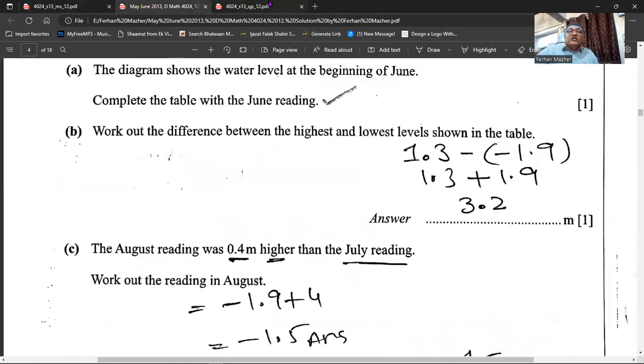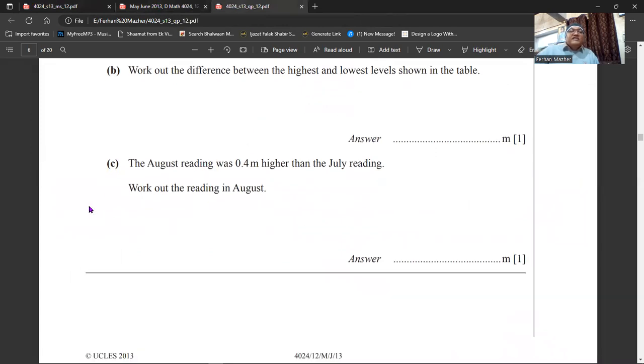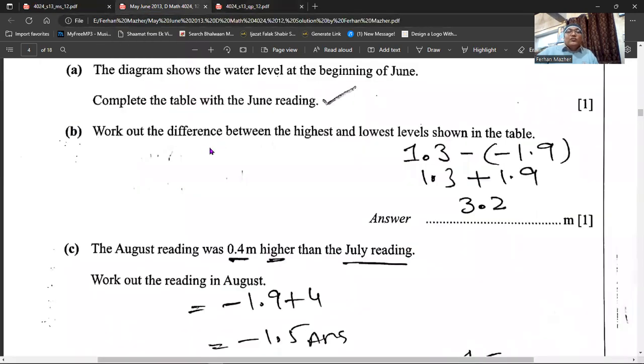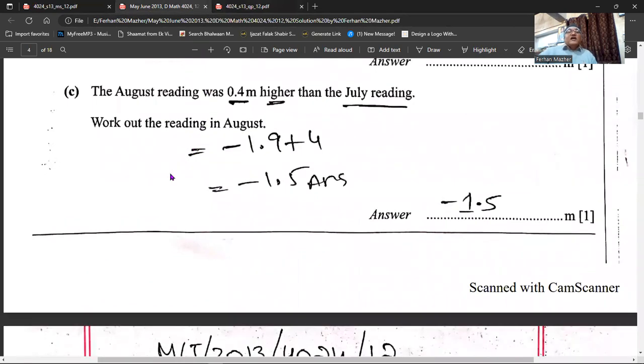And then in the C part, it says the August reading was 0.4 meter higher than the July reading. Work out the reading in August. So what is the reading in July? In July, the reading is -1.9, and the August reading is 0.4 meter higher than this.